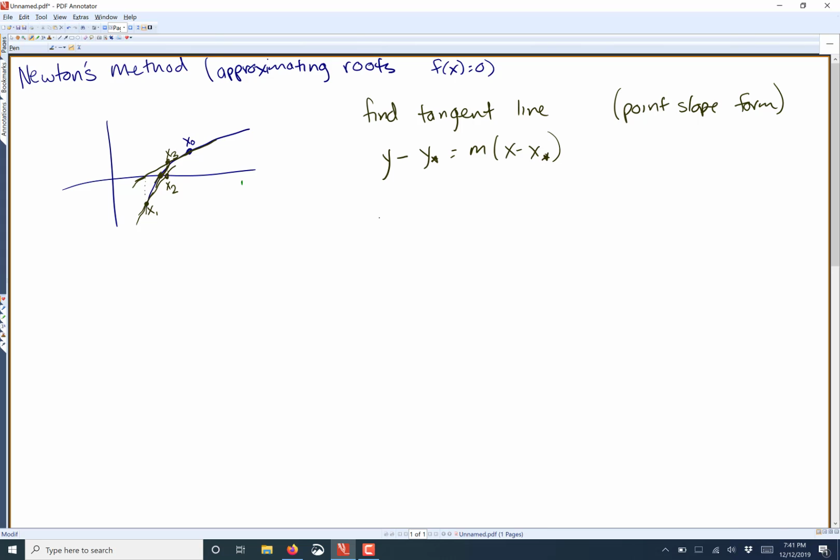Let's see what we can rearrange here. So let's change this to y equals y star plus your slope times x minus the x value that you have. So that's our general equation for a tangent line. This is your y value, the y value that we know for any of these points.